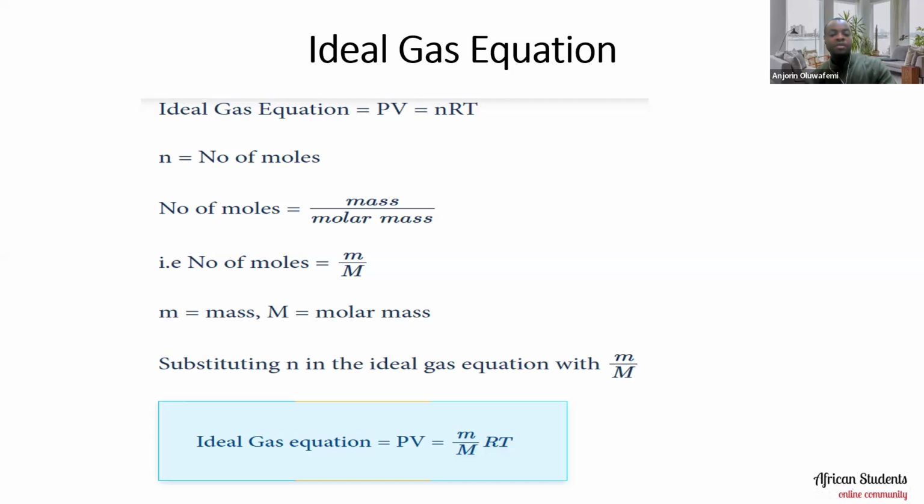When we substitute, our ideal gas equation will look like PV equals m over M RT. Don't forget our small letter m is the mass, and the capital letter M is our molar mass. Okay. All right.